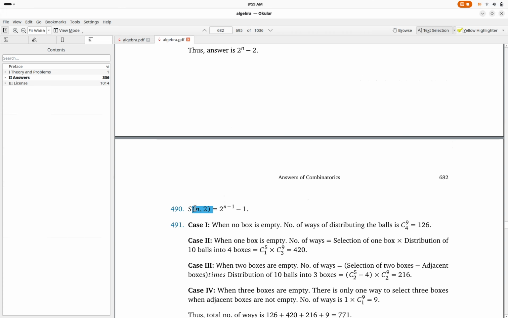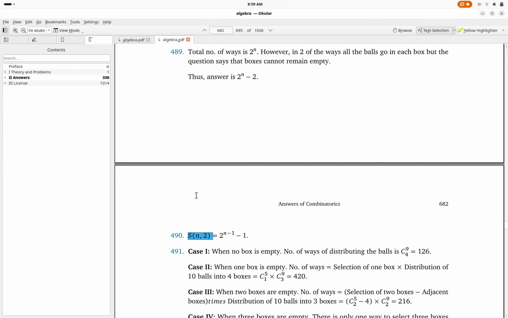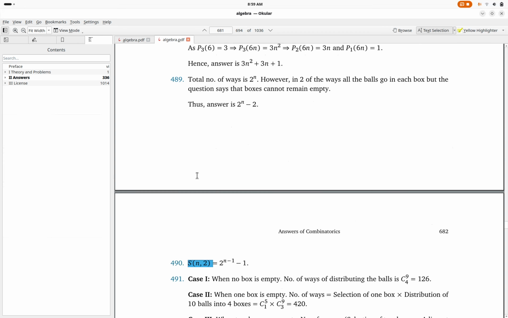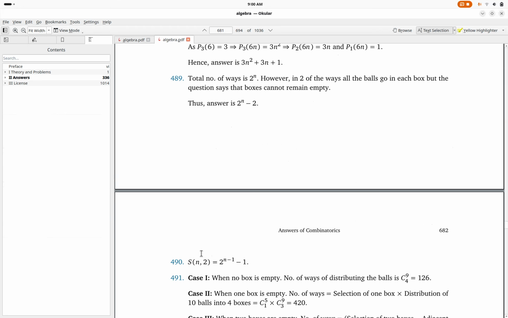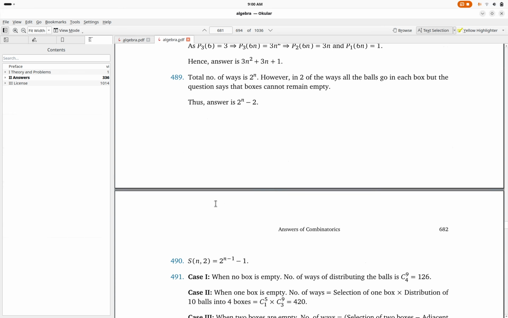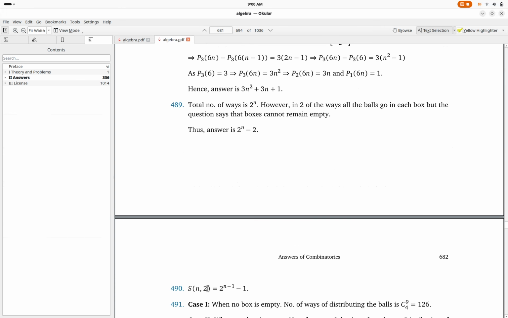So again, the same symbol has come, S(n,2). So these 3 questions I will solve in the next video. I will have to refer to my notes. I have written this in a very concise manner, so I should have explained this in the question. So 487, 488 and 490 I'll explain in the next video.